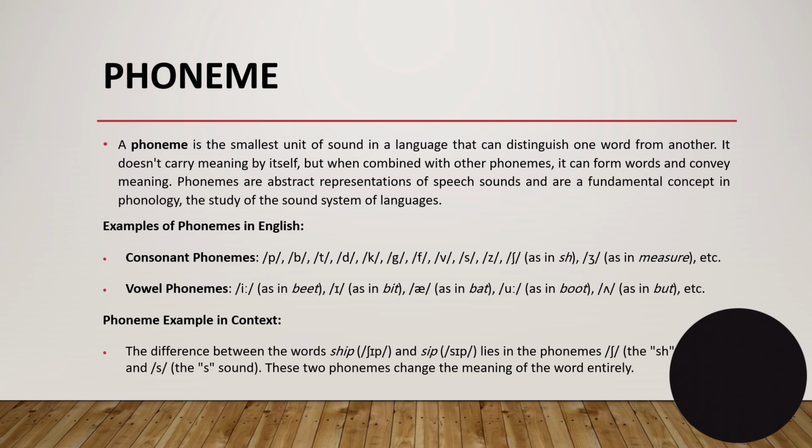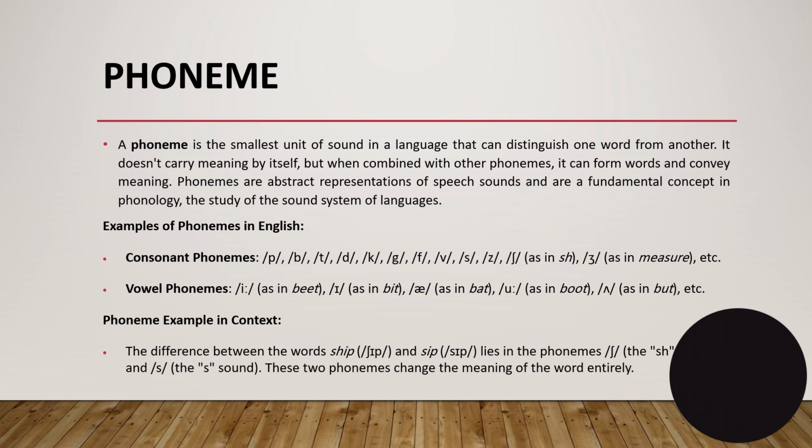What is a phoneme? A phoneme is the smallest unit of sound in language that can distinguish one word from another. It doesn't carry meaning by itself, but when combined with other phonemes, it can form words and convey meaning. Phonemes are abstract representations of speech sounds and are a fundamental concept in phonology, the study of the sound system of languages.